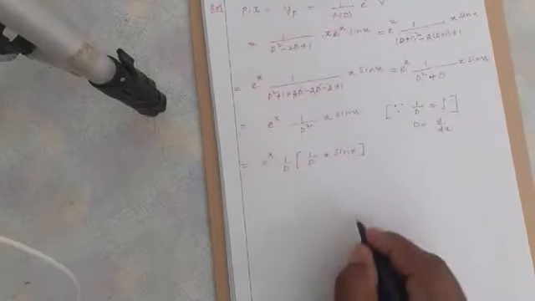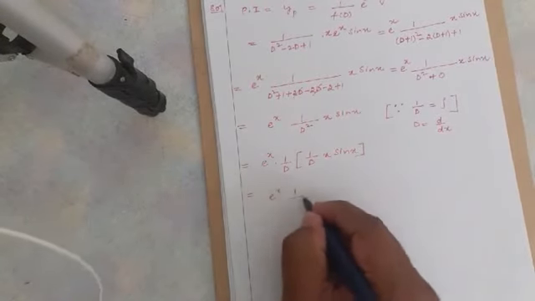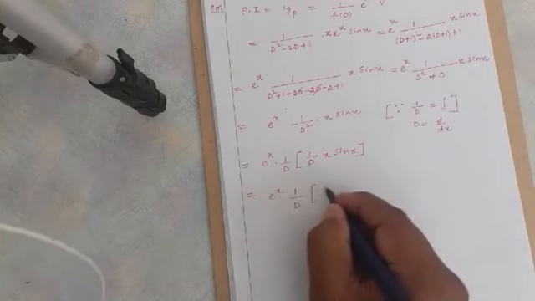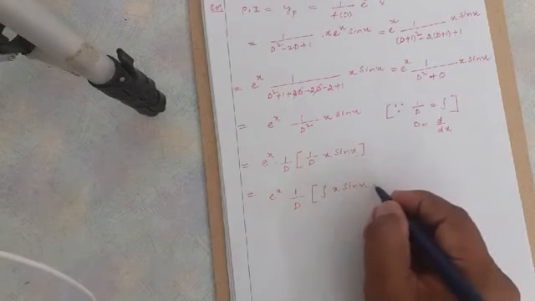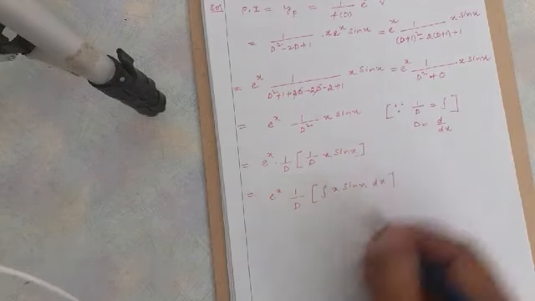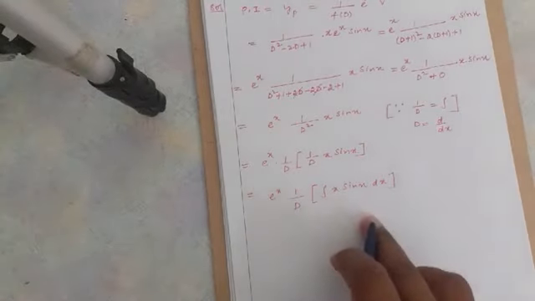So you know 1 upon D is nothing but integral. So 1 upon D in bracket I can write integral of x sin x dx. Now you can apply the integration by parts formula.